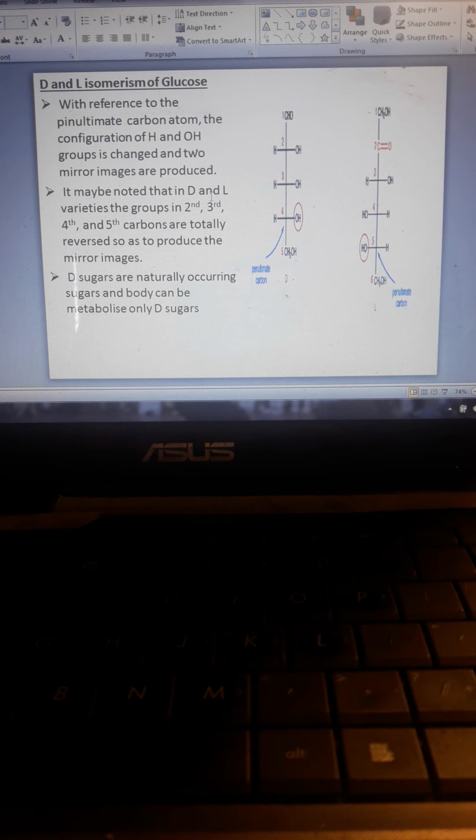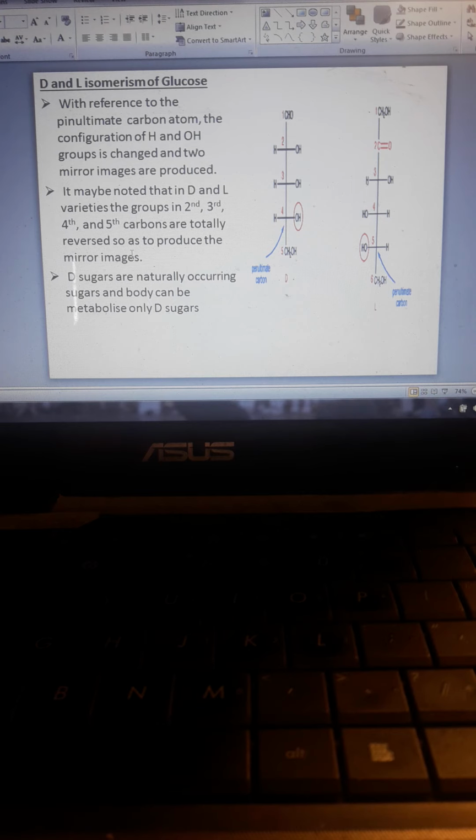It may be noted that in the dextro and levo varieties, the groups on the second, third, fourth, and fifth carbon atoms are totally reversed so as to produce different mirror images. So glucose is one of the common D sugars.